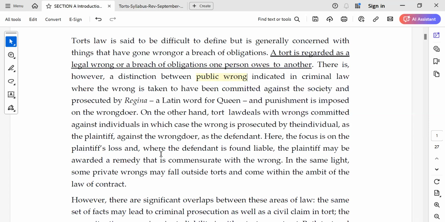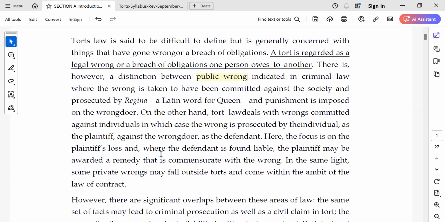So in England and in Canada, we will see these public wrongs are done against the society, and that's why they are prosecuted by the Regina, that is the queen. If crimes were not considered public wrongs, then the victim parties personally would have had to hire a lawyer and represent themselves.